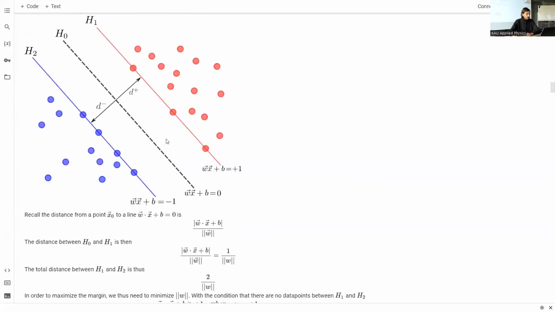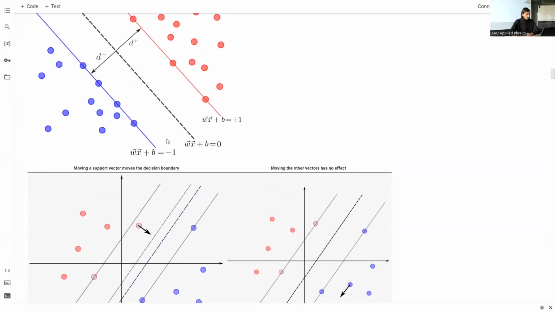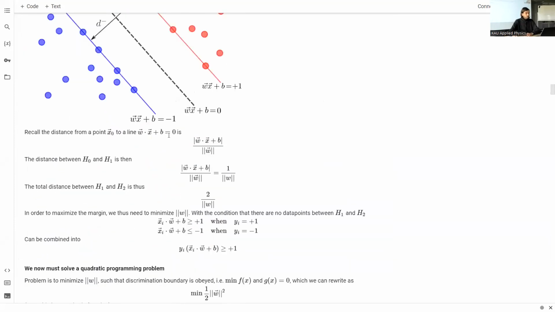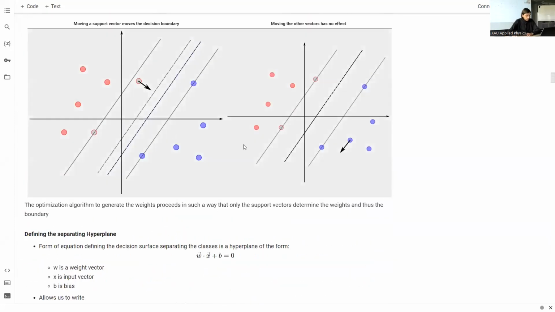If you are changing the position of points that are not support vectors, nothing will change. I have a picture here. If I take any point that is not a support vector and move it somewhere around, nothing will change. Of course, I can bring it very close to the line, and it will become a new support vector.